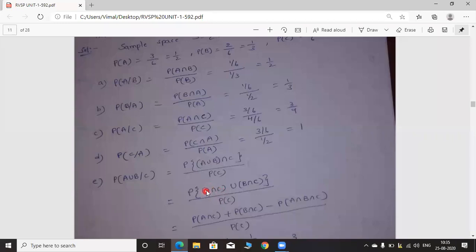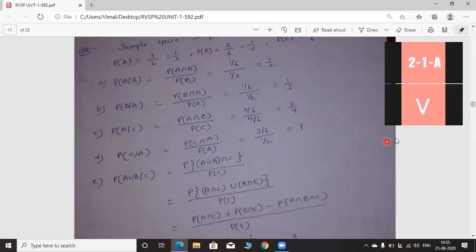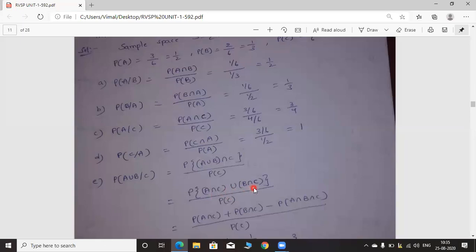Okay, let us assume that A intersection C is X and B intersection C is Y. So probability of X union Y can be written like this.